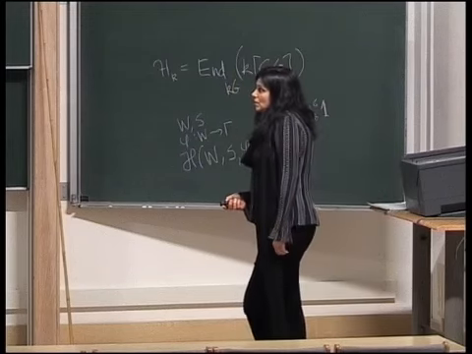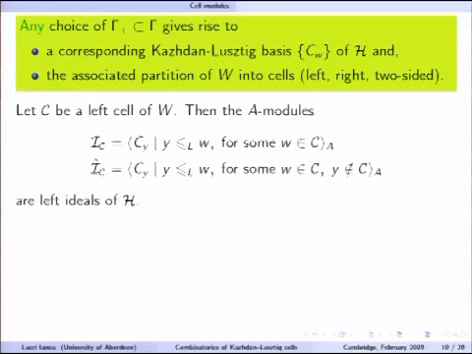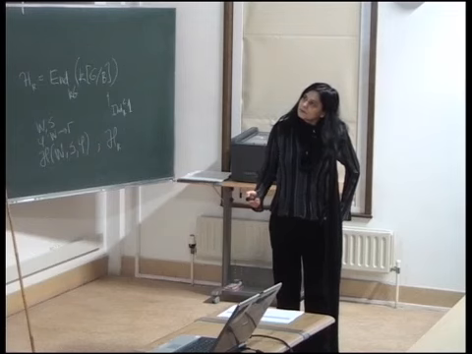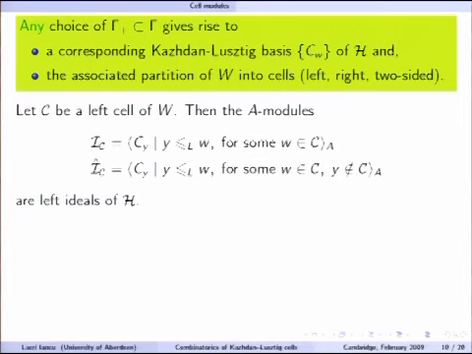So now, I was saying we can see the cell modules or cell representations. How are they defined? So once we do get hold of such a left cell, we can define two A modules. Here just the A span of the C_y's. So you have the cell, then you look at all elements which are left inferior to some element of the cell, which means to any element of the cell.